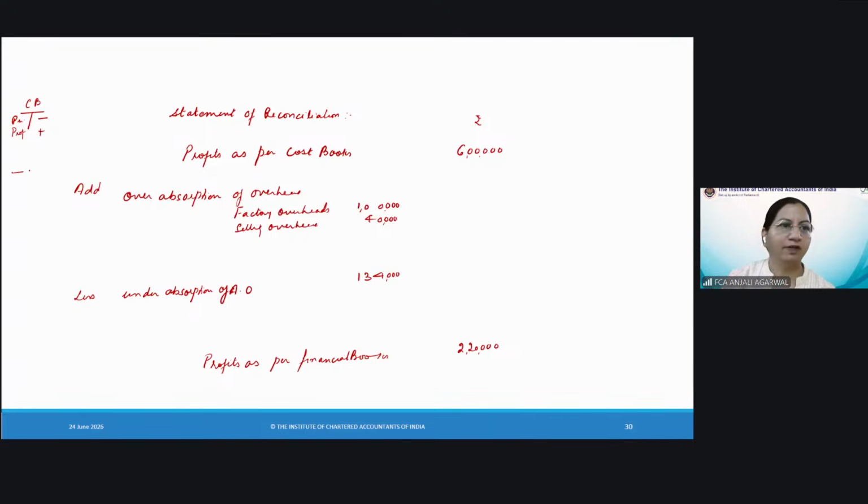Then you have financial books. Closing stock is overvalued, so profit has gone up. So you will also add overvaluation of closing stock of finished goods.